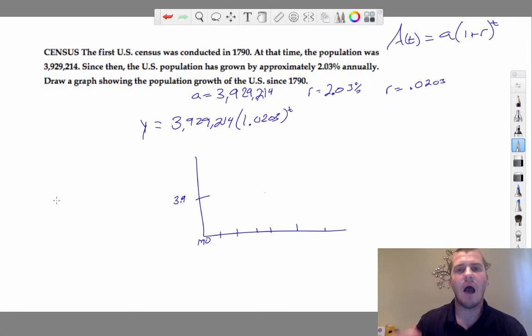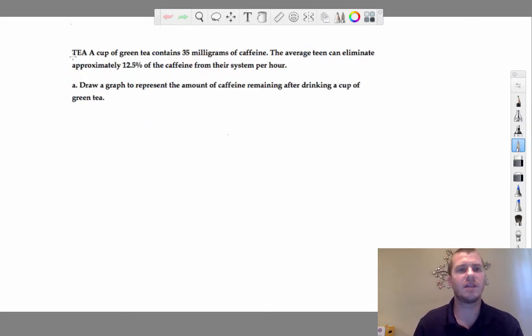If you wanted to figure out the population in, say, 1950, you would find the number of years between 1790 and 1950 and use that for t and plug it in. If you wanted to know in what year the population was 14 million, you would type 14 in here for y, and you would have to solve for the t. Okay, so this is a different one.